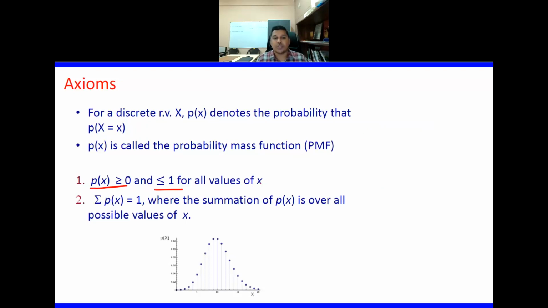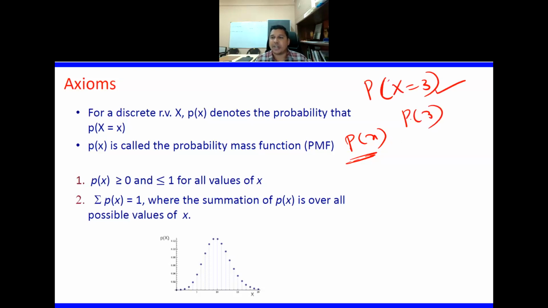So for all values of x, generally this p of x is the probability. My this case, p of X equal to 3 is also same as p of 3. What is the probability of getting 3 for this random variable X? So this p of x notation, we use it here. We call it as probability mass function.